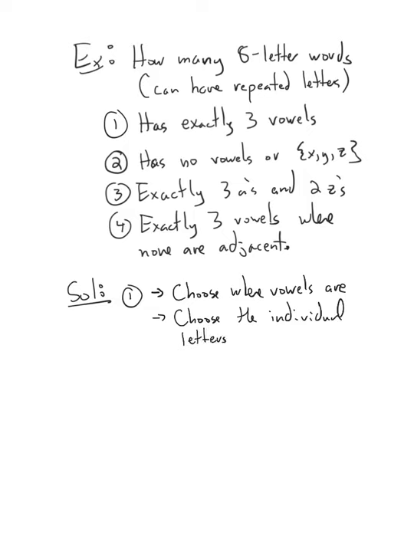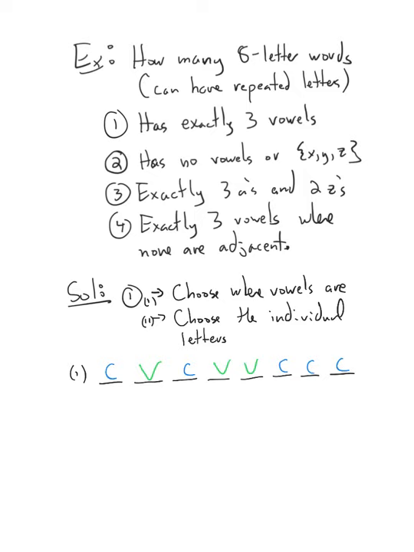Okay. So, the first step, let's call it step I and step double I. So step I, well, we need to choose where the vowels are. If we think about it, we have an 8-letter word, and there has to be vowels somewhere, so maybe here, here, and here, for example, and consonants, which are not vowels, the other places.